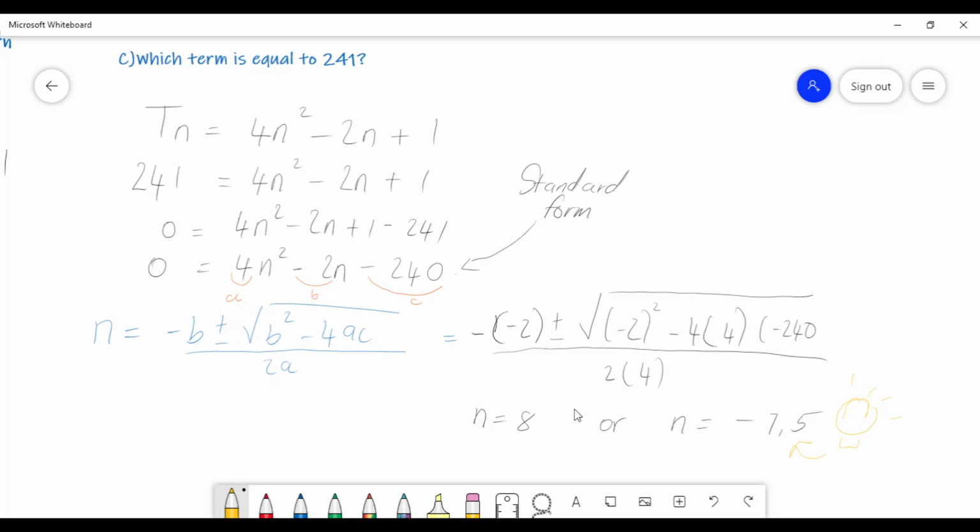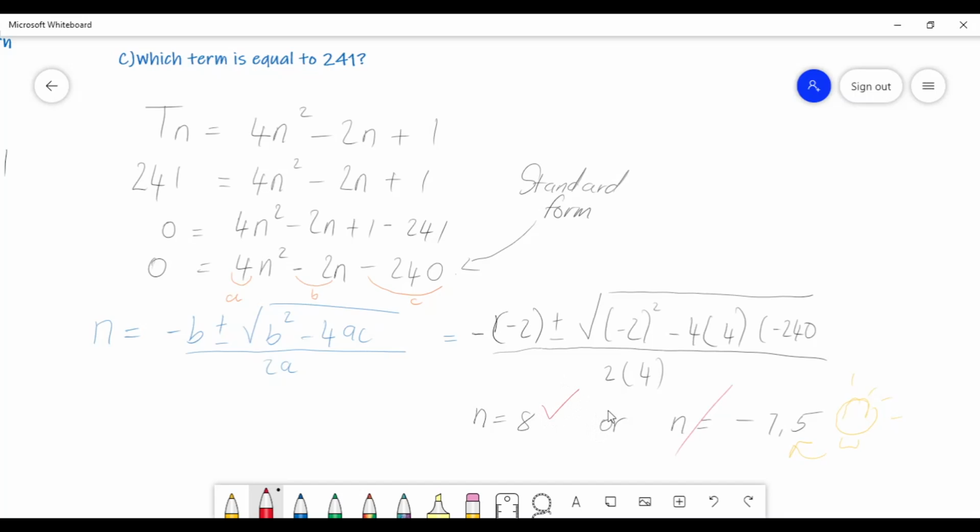So that position needs to be a positive natural number. It cannot be a negative 7.5. So the negative 7.5 is invalid. n cannot be equal to negative 7.5. But our n can be equal to 8.